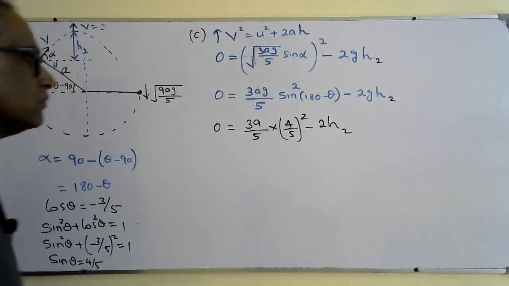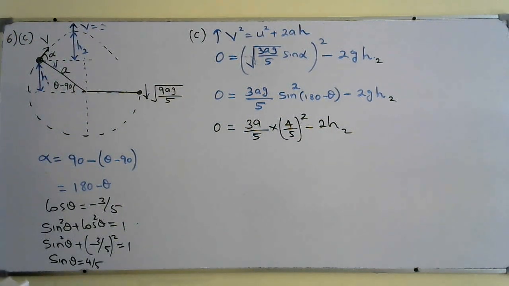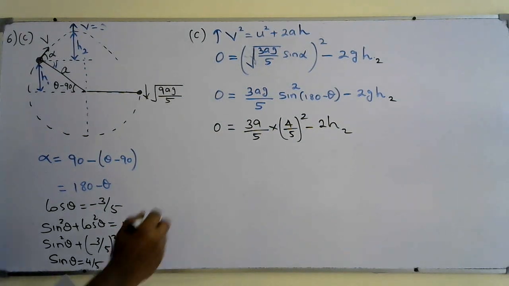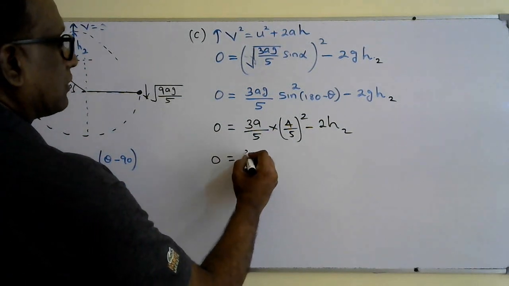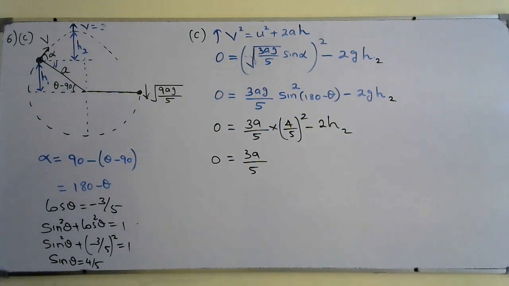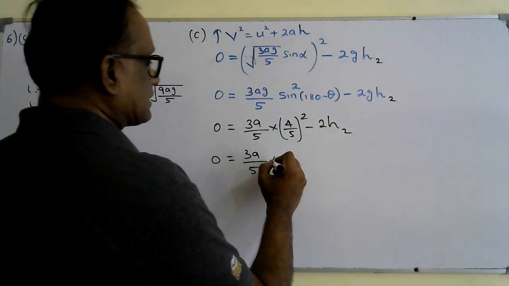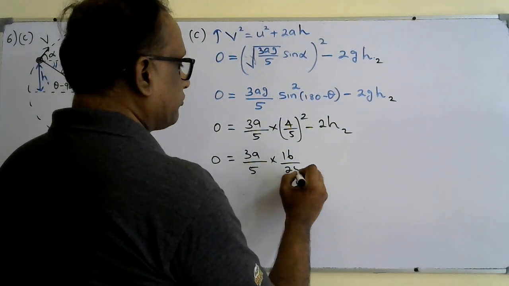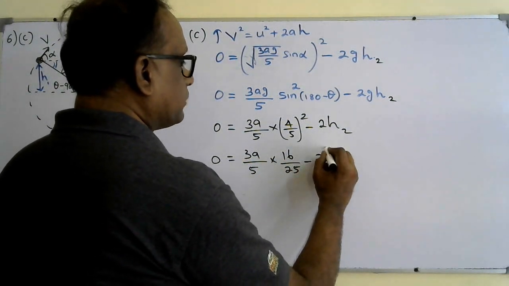From this, find h2. So 0 equals 3a over 5 into 16 over 25 minus 2h2.